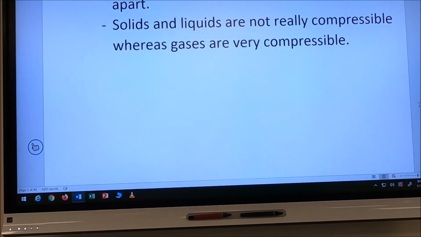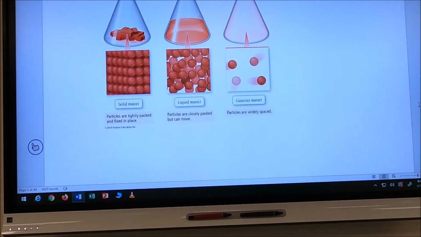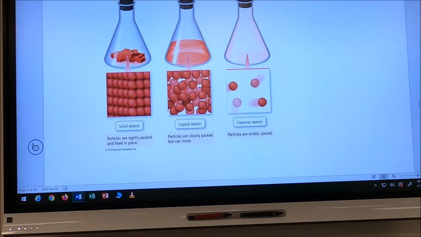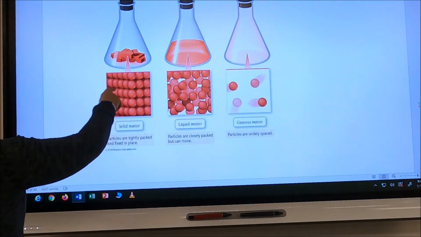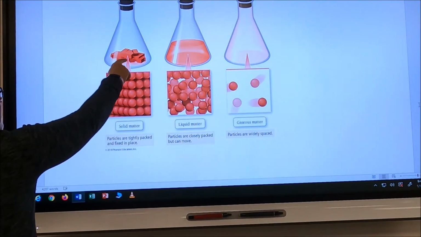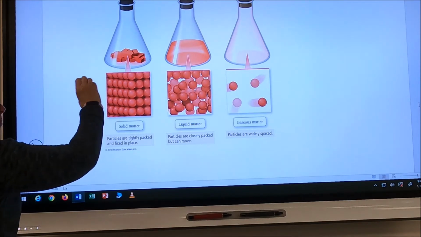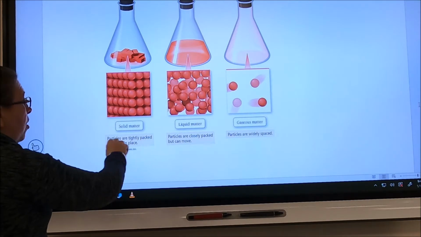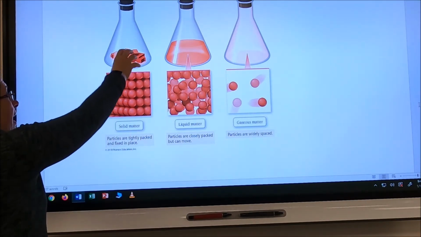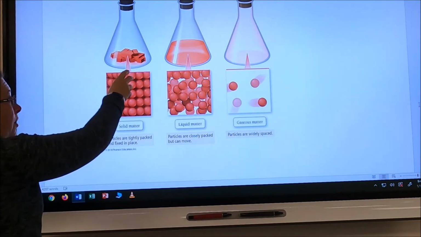So let's look at this pictorially. Here's some nice pictures to represent things. You can see here in the solid, even when I put it in this container, each piece of it maintains its shape. So the particles are tightly packed and they have a set shape and a set volume.